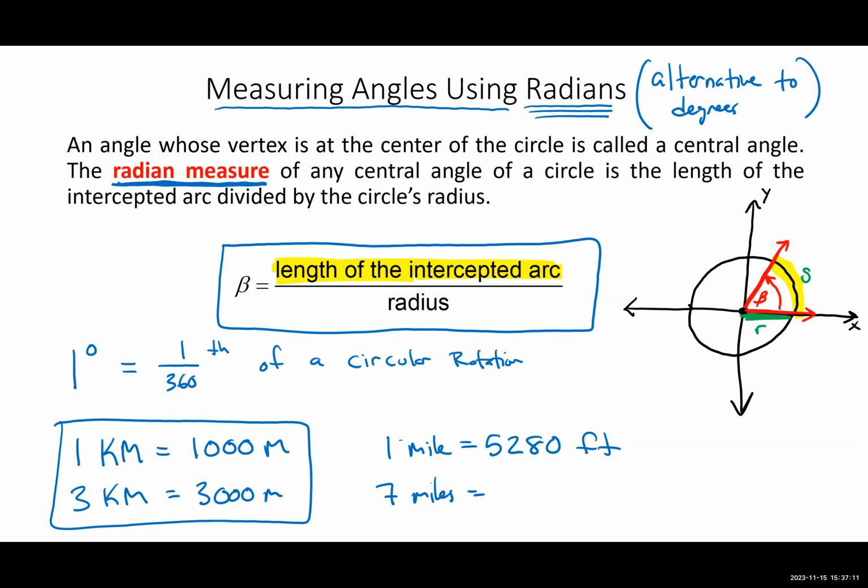Now, we've seen this before. I mean, you've definitely seen this before. The length of a circle. We have a word for this. We call it the circumference. The circumference is the length of the entire circle. So an arc is part of the circumference.